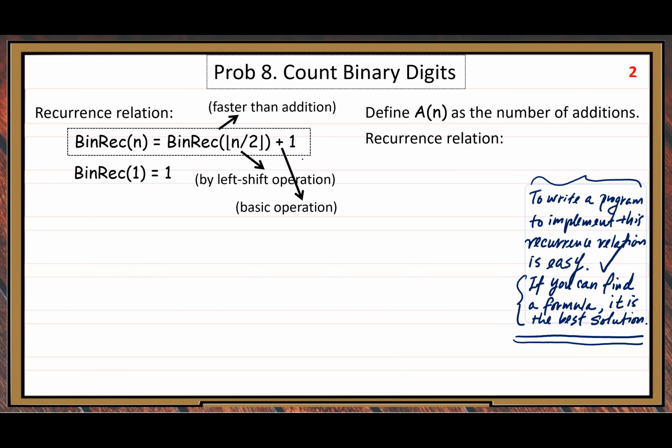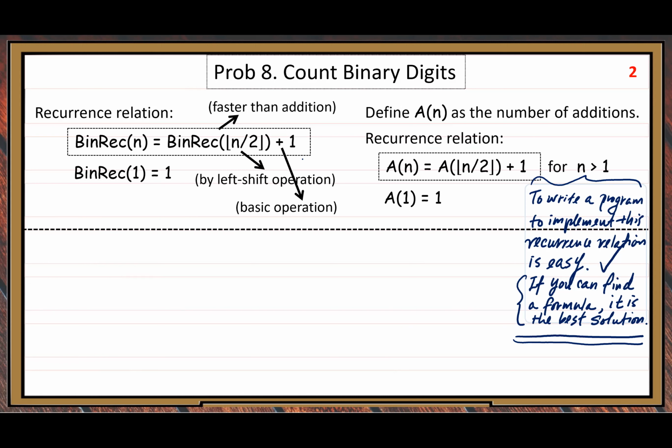So the recurrence relation will be a of n equals a of floor of n over 2 plus 1. That's our main recurrence relation, but we need a base case. A of 1 equals 1.